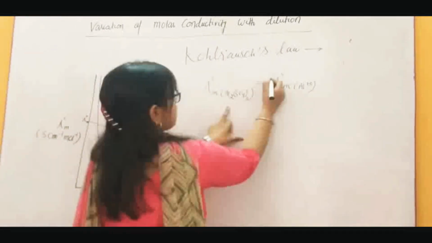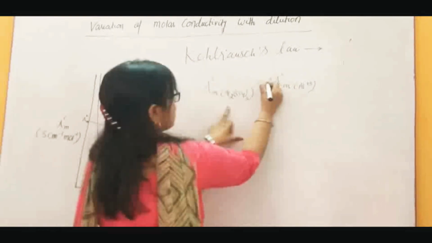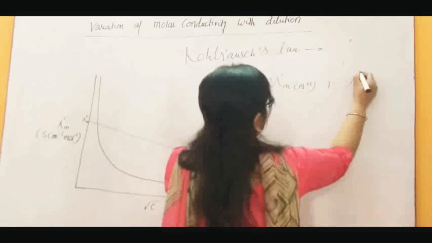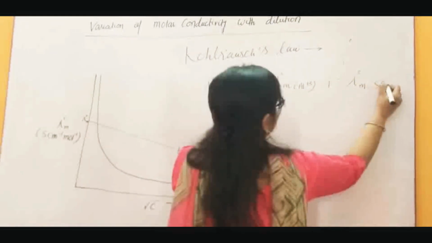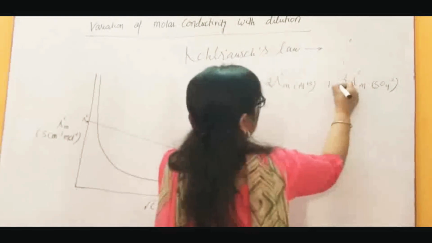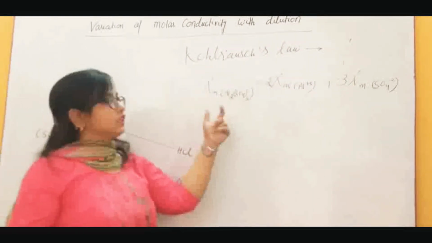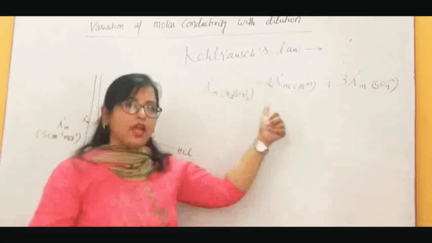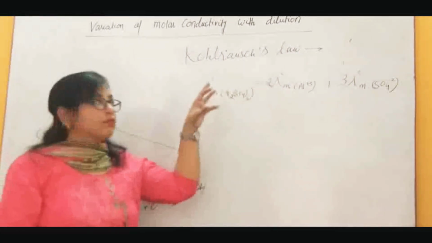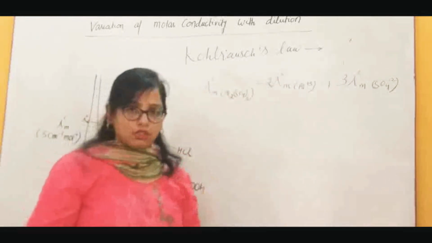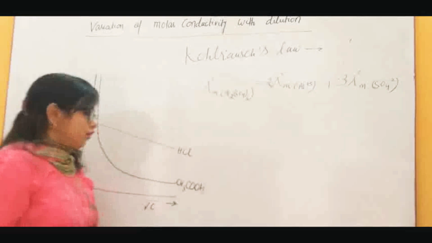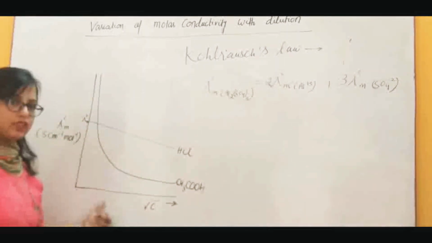Now the number of ions here is 2, so I am writing here 2, and second the limiting molar conductivity of sulfate ion. Now I will multiply it by 3. So this is the limiting molar conductivity for aluminium sulfate, and this is an application of Kohlrausch's law, that by this law we can find out the limiting molar conductivity of any weak electrolyte, which this graph cannot explain.